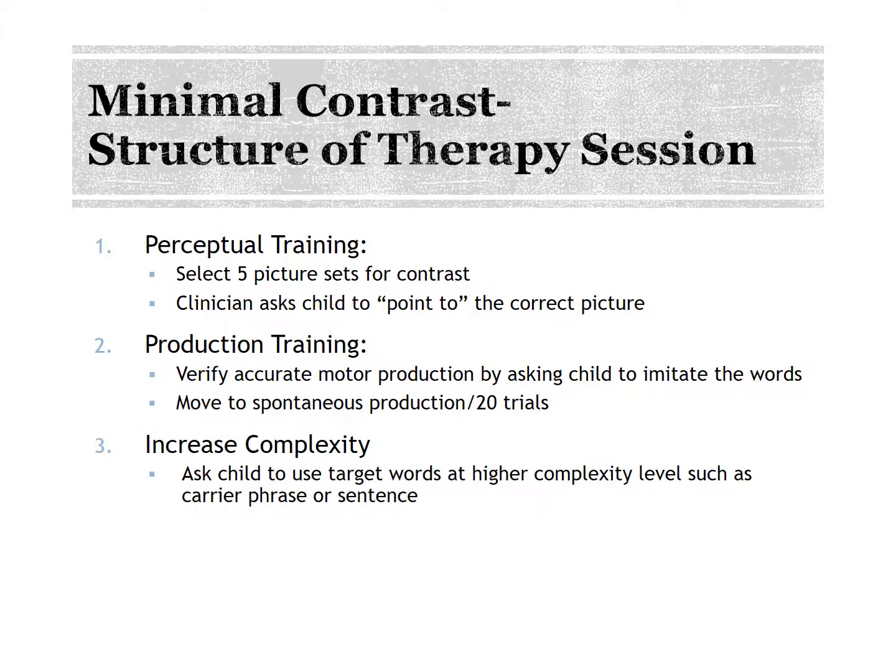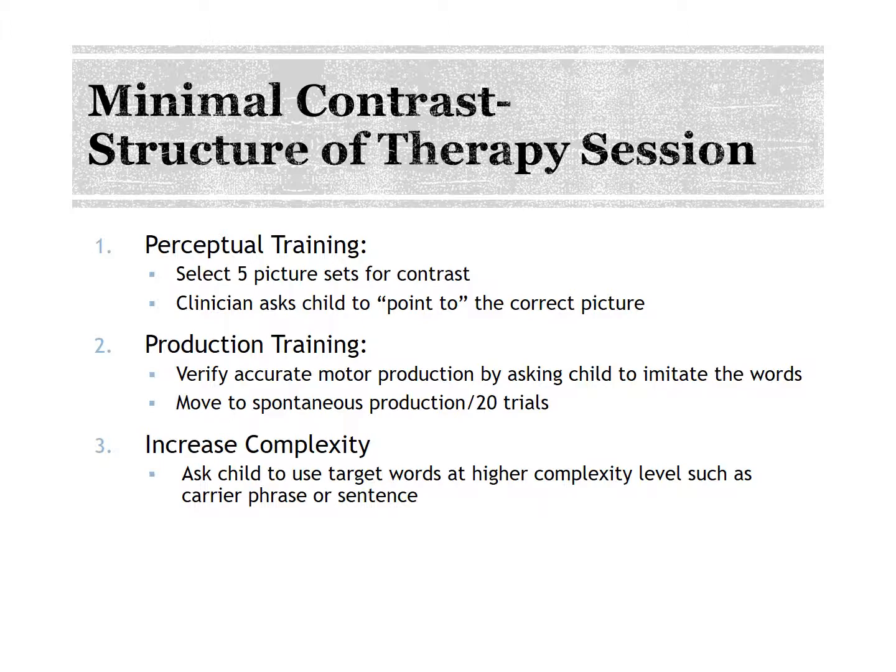Then you will move to that production practice, and at this point the child is required to produce the target words. Now first, we want to confirm and make sure that the child can produce the target words. And once we have this confirmed and we know that the child can, we move to that spontaneous production of at least 20 trials.